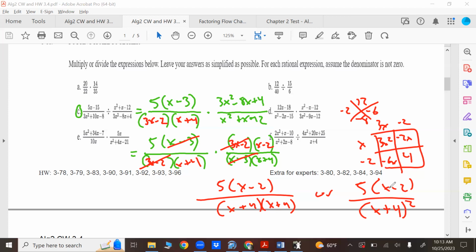Ask questions if you like. I'll do my best to help you out. And here's the fraction flow chart that you guys can keep as a reference if you want.